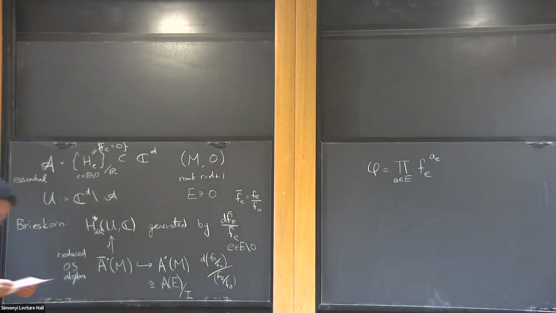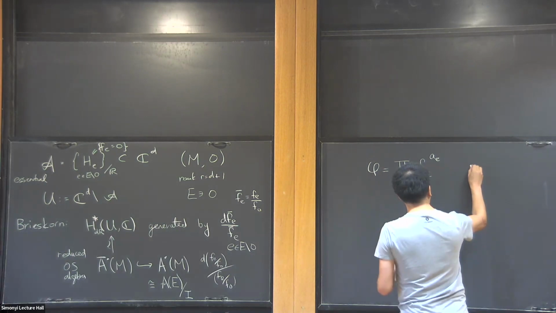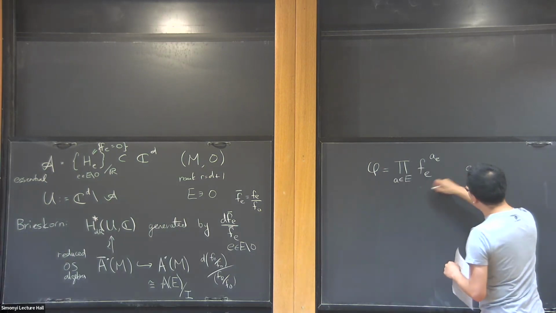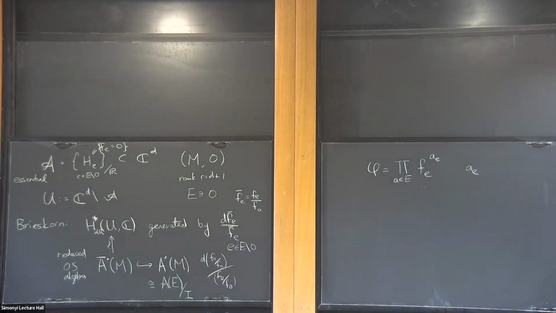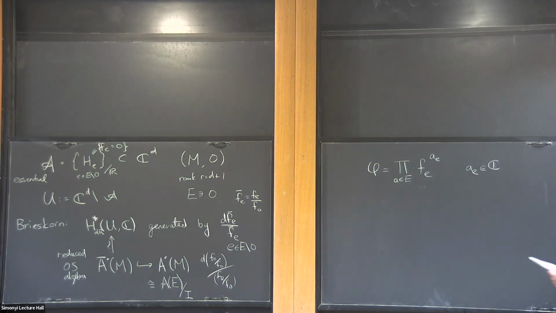So I'm going to write down this function where we take all the linear forms and raise them to some powers, and the powers are some complex numbers.